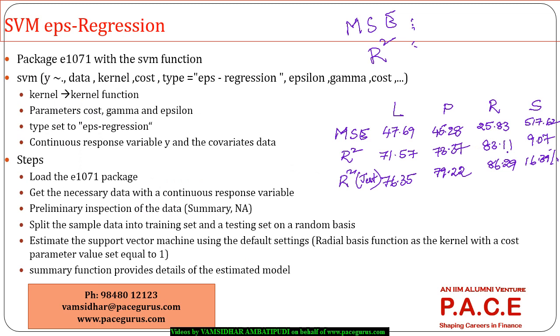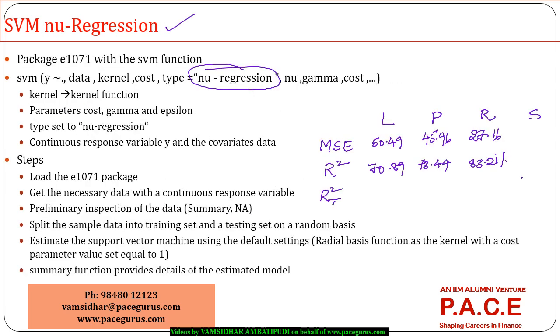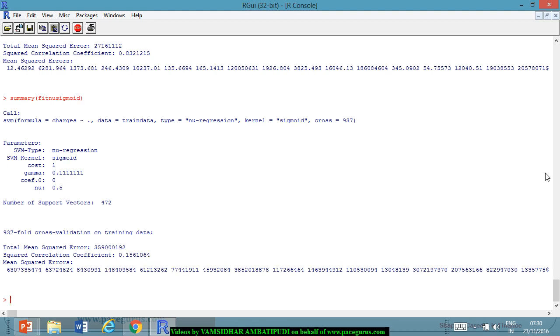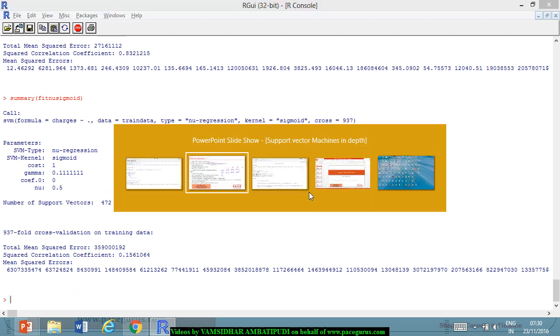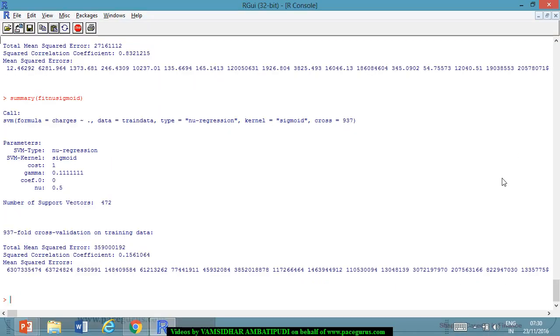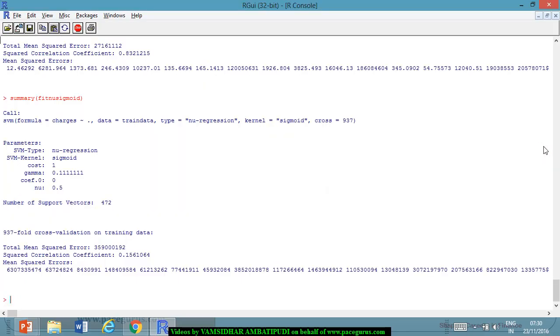Even here it was 83.11 in EPS regression, whereas in new regression the radial kernel was showing 83.21%. Whereas what happened to your sigmoid? The sigmoid is looking the same pathetic. So it is 359 million in terms of mean squared error, whereas it is 15.61 with respect to the R squared. So these are the numbers on the training data.